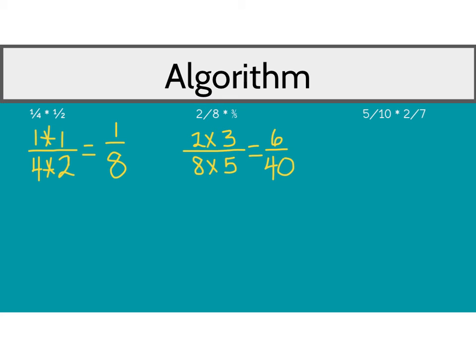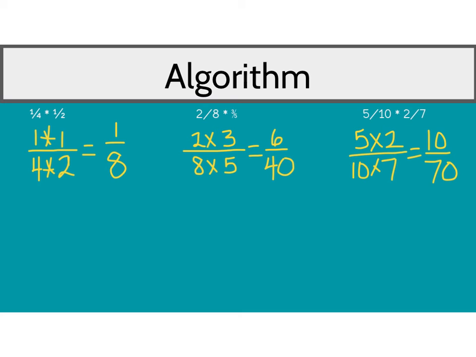Our third problem, again, we're going to take our numerator, 5 times 2, and our denominators, 10 times 7, and we get 10/70.